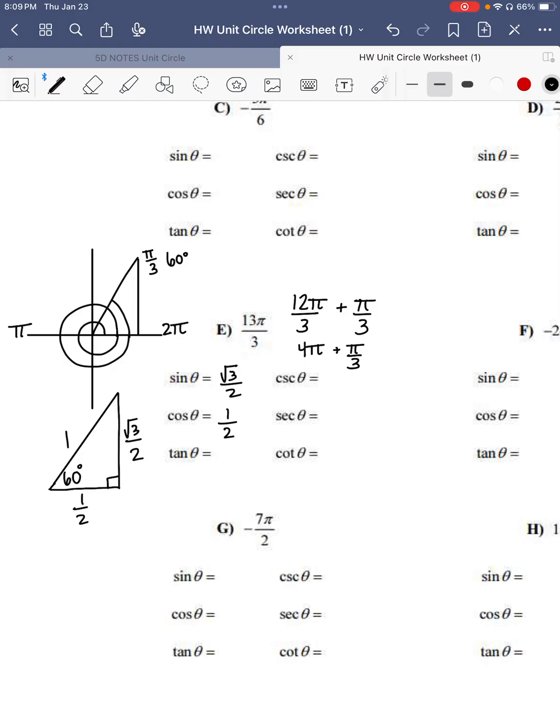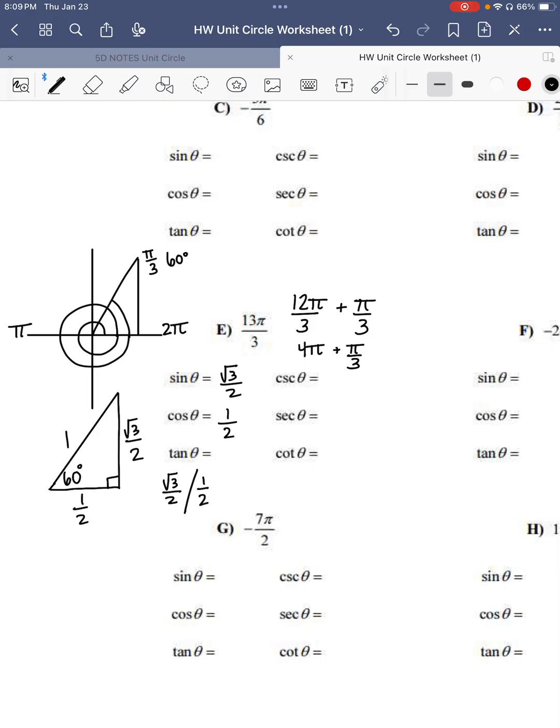Now this is where we have to end up dividing fractions next. Tangent is opposite over adjacent. So we're going to do root 3 over 2 divided by 1/2. Now, how do I do that?